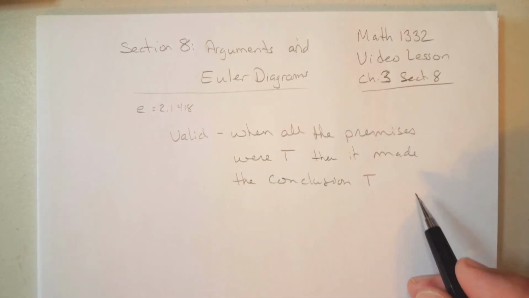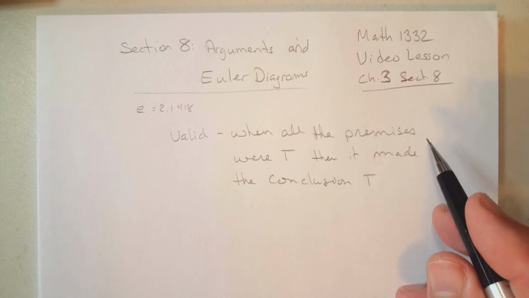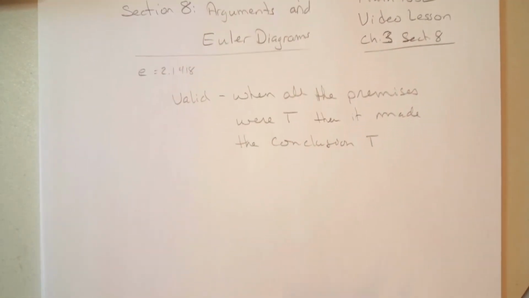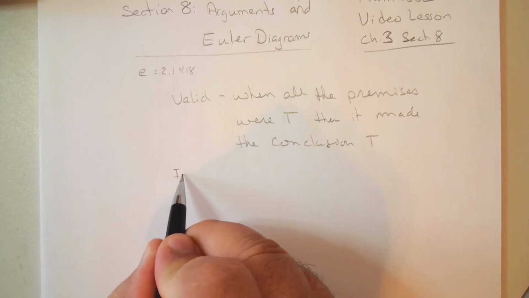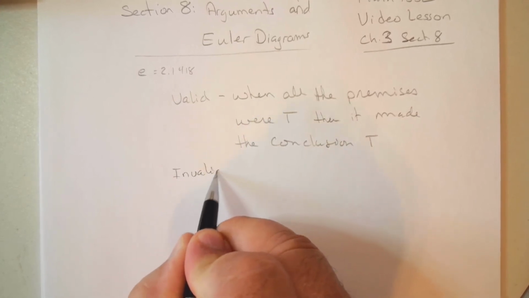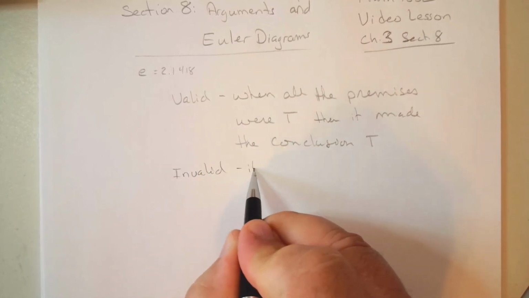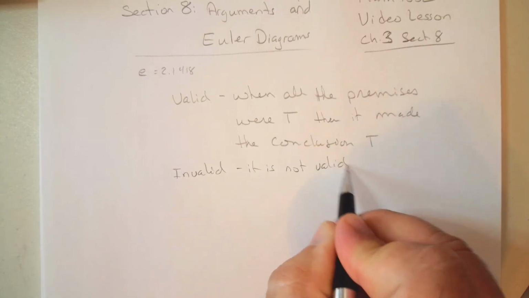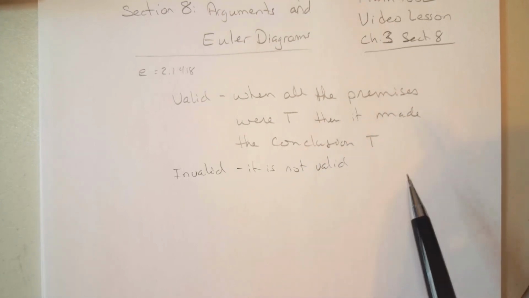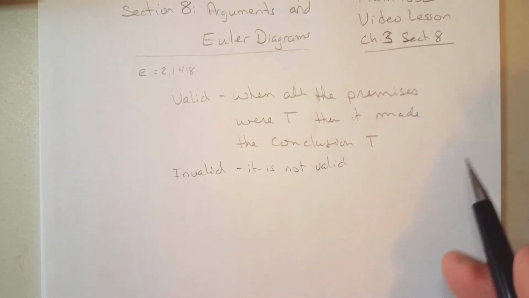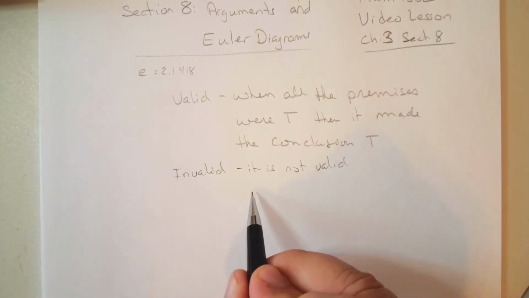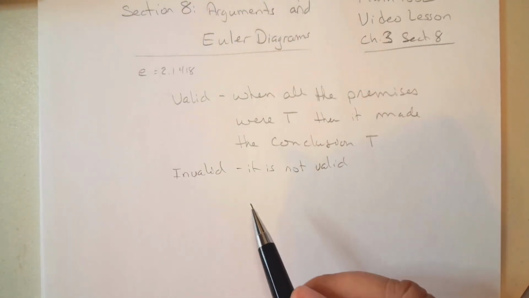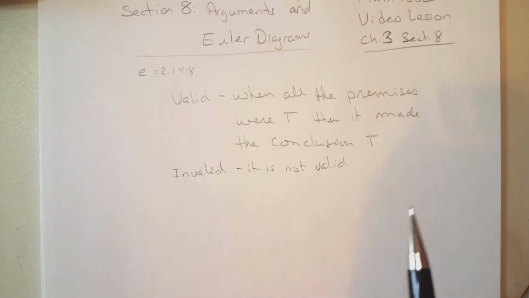So when you do a truth table, the last column is always true. It's a tautology. An argument is invalid if it is not valid. So basically, if there's at least one F in the last column, then it's not a valid statement.